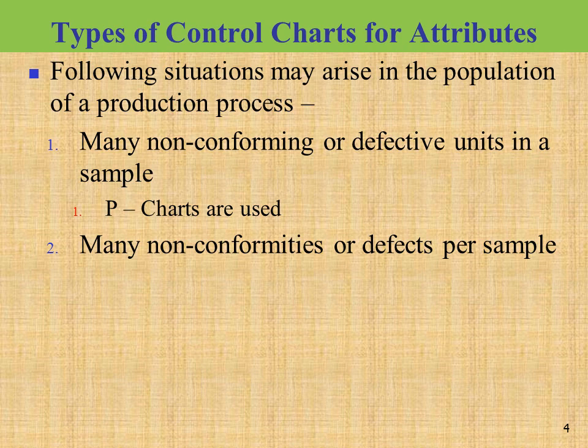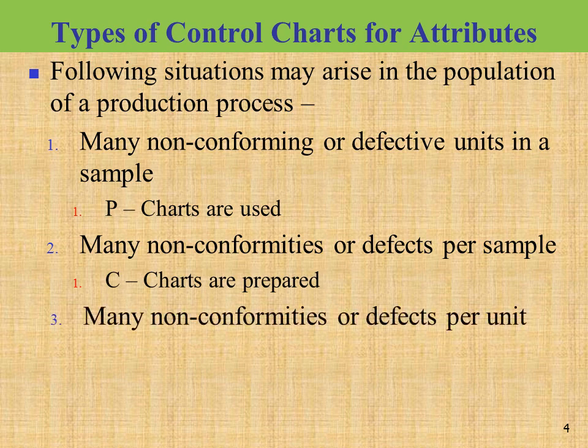So instead of having defective units, in this situation we have a number of defects, and when we have the number of defects per sample, we go for preparing C charts. In another situation, we may also encounter a condition when we measure the number of defects per unit, and when we measure the number of defects per unit, we prepare U charts.